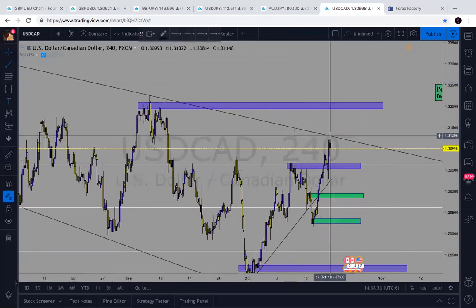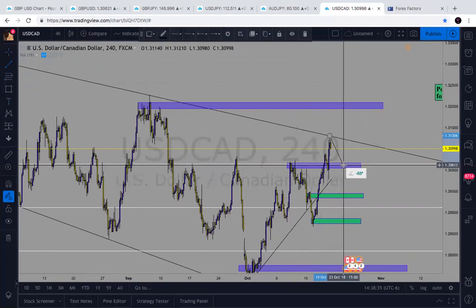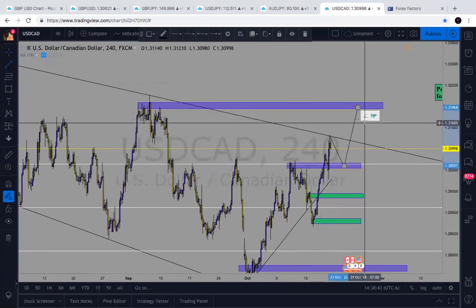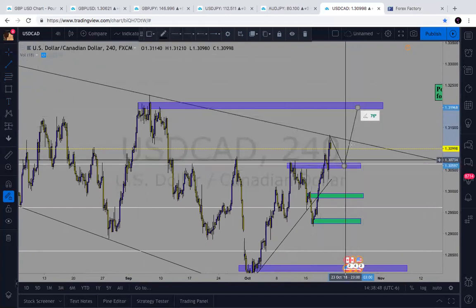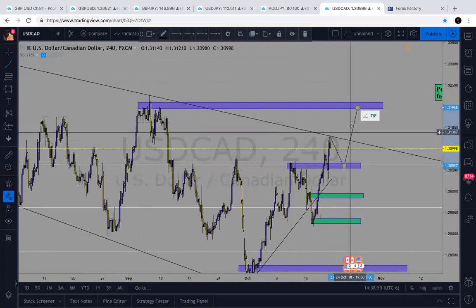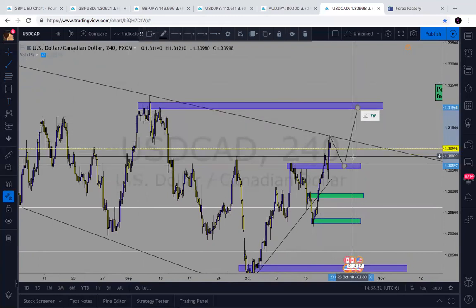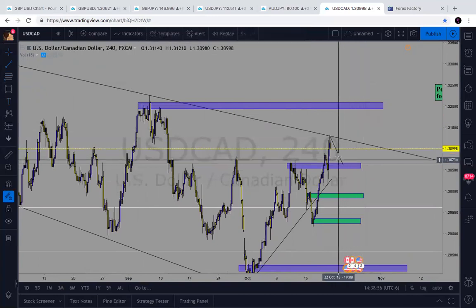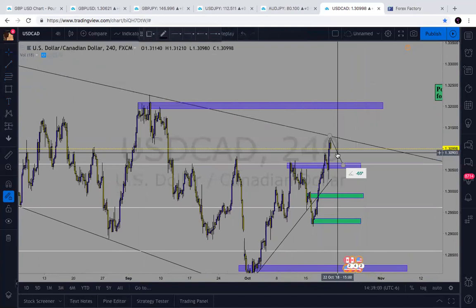So from here, we can look for a retest of our 1.306 zone, and from there, a little push higher. It could just be a wick up to the 1.319. It could just happen within one day. We get a push up here and a reversal all the way back down inside. No predictions, but that's just what we have our eyes on for the moment.